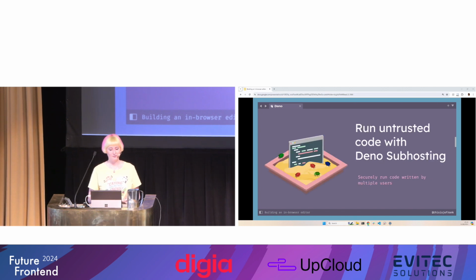And finally, for our serverless functions, we are going to use this thing called Deno Subhosting. And Subhosting is a set of capabilities that's built on top of Deno Deploy, and is designed specifically for securely running code written by multiple different users in a hosted and secure sandbox. It supports JavaScript and TypeScript. It's optimized for fast deployment.